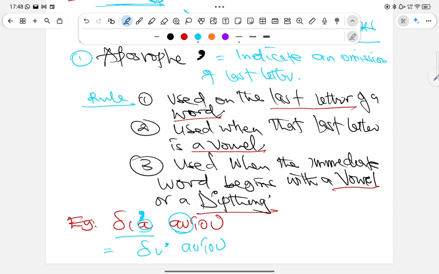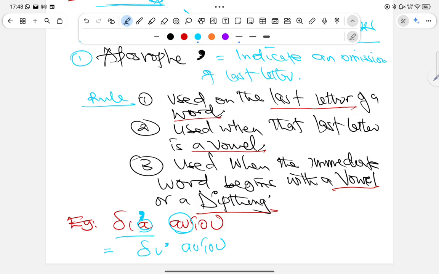When you find an apostrophe, it's already very easy to identify, because you know these conjunctions and prepositions are followed by a noun or a verb that begins with a diphthong or a vowel. It's very easy to recognize a letter that has been left out.